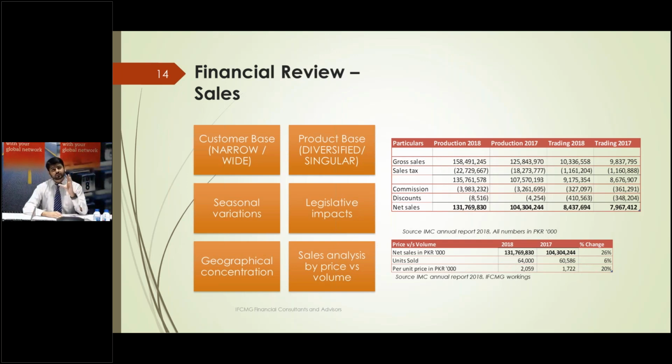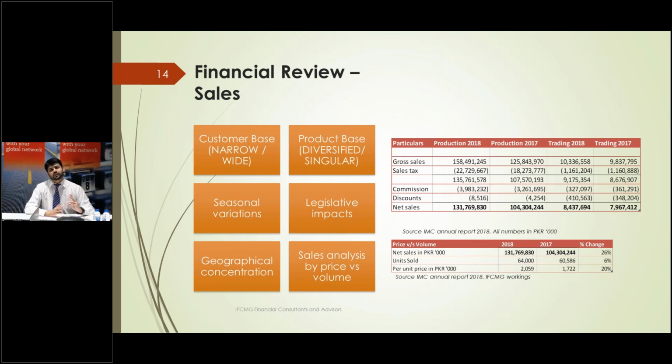So there are a number of things that we need to consider when analyzing sales. First up is the customer base. Is it narrow or is it wide? If you look at Indus Motor Company, the customer base is very wide, because the market of customers of motor vehicles is very fragmented. There's no major corporate buyer that can really dictate terms to Indus Motor Company.